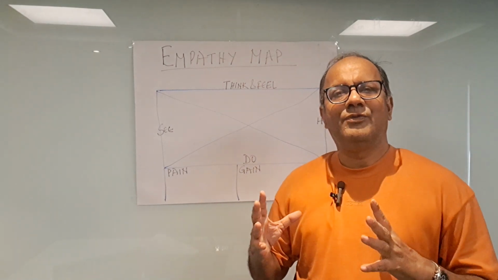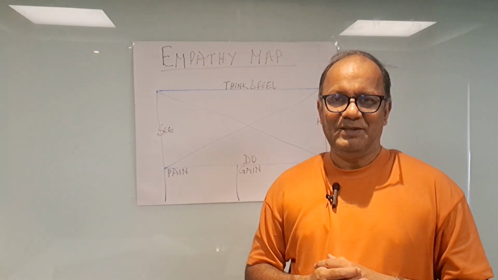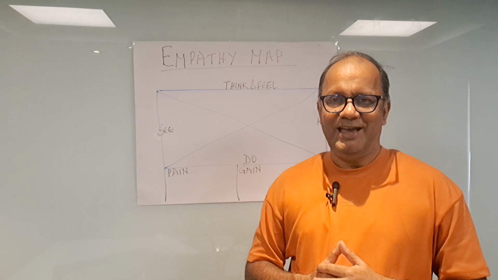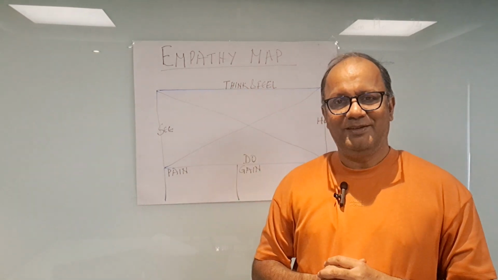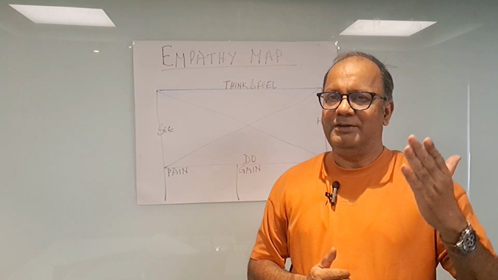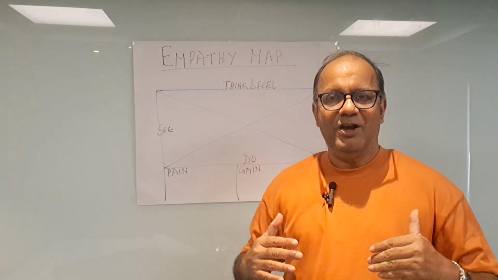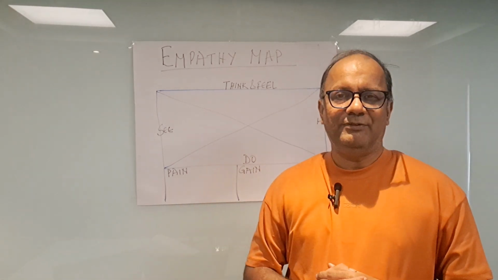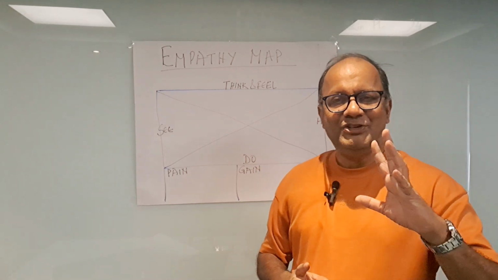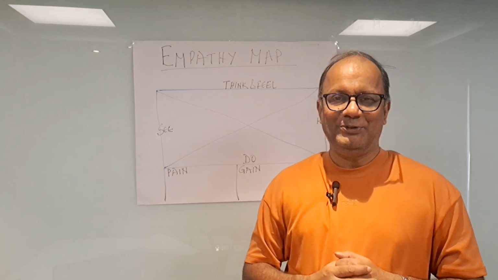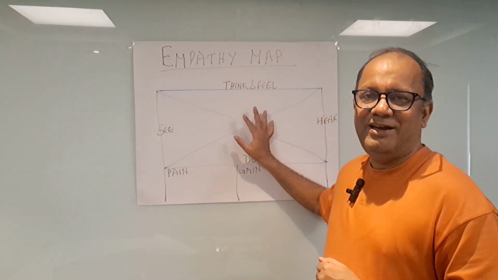You would have also done the empathy interview with all these stakeholders and gathered the information in the way I've shared with you. I've also shared the empathy interview process and the way to conduct an empathy interview. Today, we're going to use the information you gathered in the empathy interview to make an empathy map.